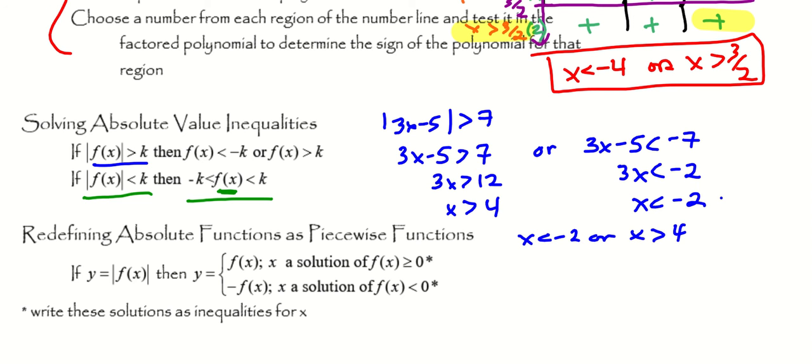If I take the absolute value of 4 minus x is less than or equal to 7, then the distance from 0 has to be less than 7, which means that 4 minus x must be less than or equal to 7, right? But my other possibility is that 4 minus x is actually greater than or equal to -7.